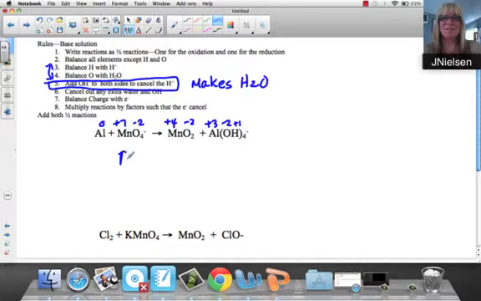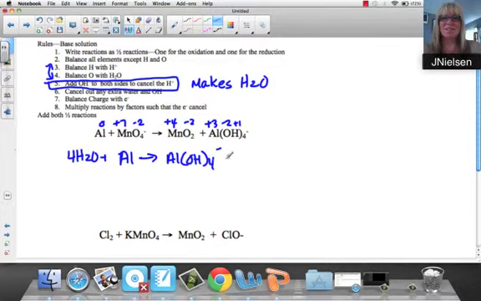We'll handle that first. So we've got Al going to AlOH 4 minus. So the first thing that I'm going to do is my Als are balanced. I have 4 oxygens here. So I need to add 4 waters to the left, which gives me 8 H's.